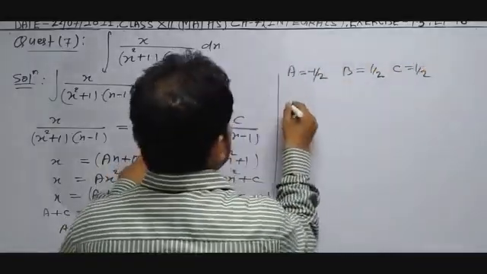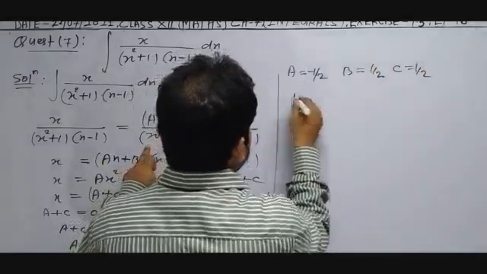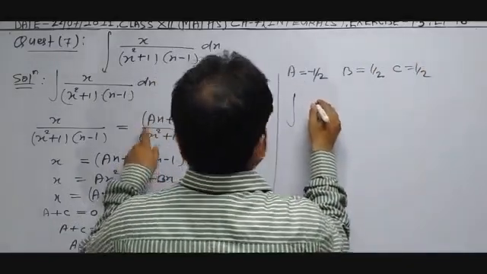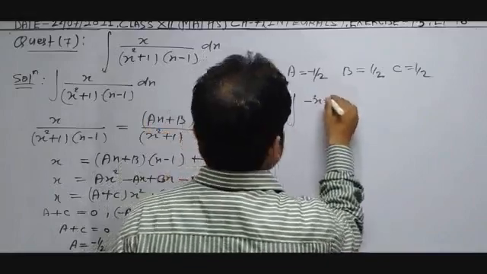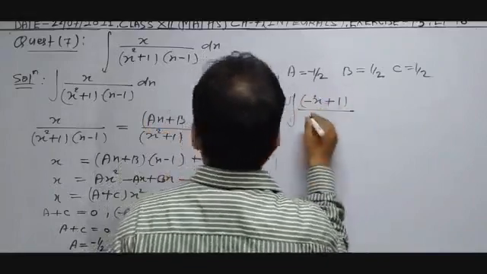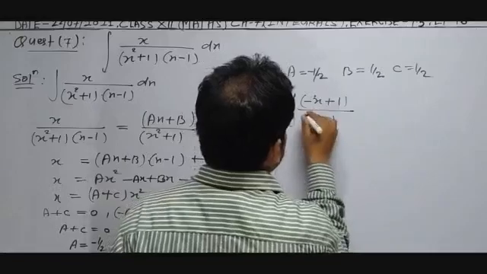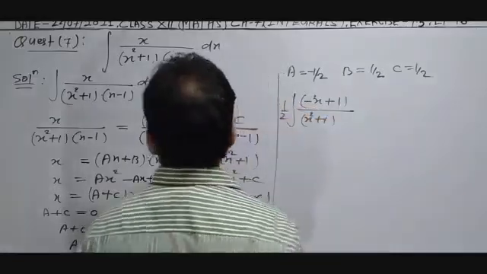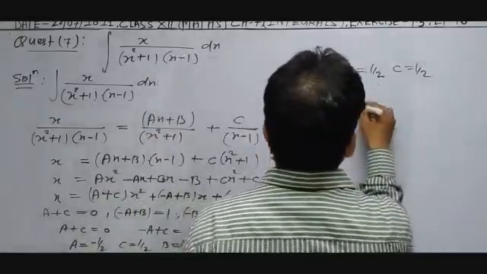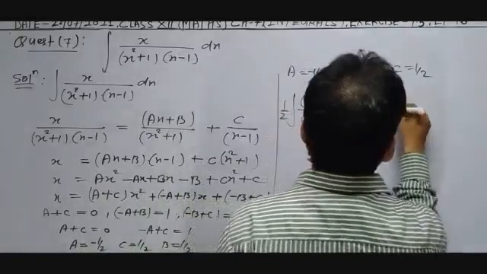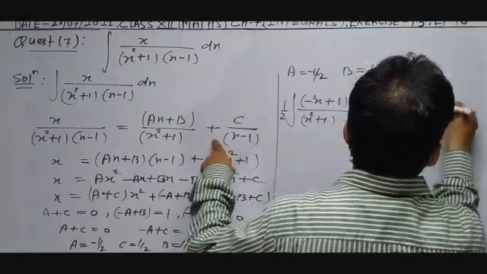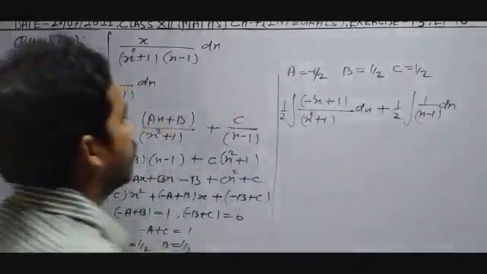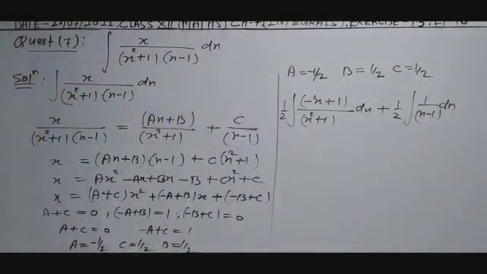So the result will be the integration over a, that is minus 1 by 2, so minus x plus 1 whole upon x square plus 1, that is 1 by 2. I have taken common dx, and plus c is equal to 1 by 2, integration over 1 upon x minus 1 dx. So this is the part we have to integrate.